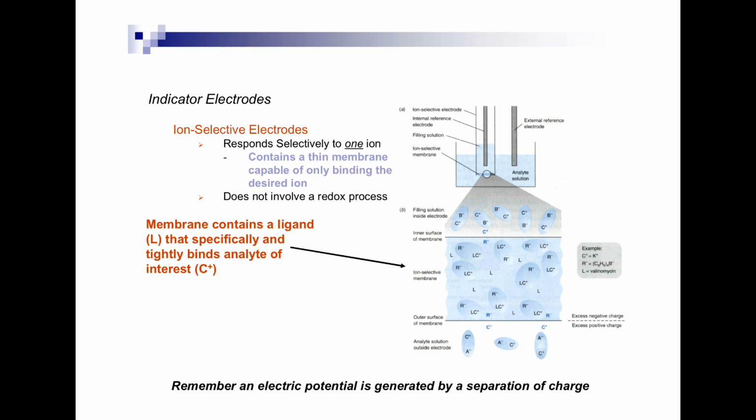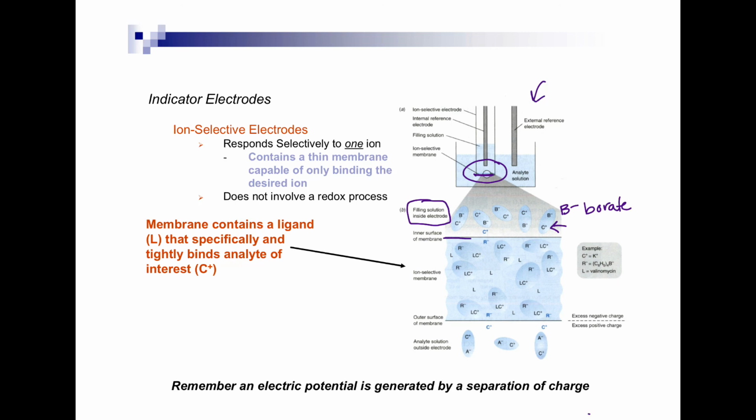Okay, I kind of want to look at this schematic that we have here. What we're doing is we are looking at the surface of the ion selective electrode where there is an ion selective membrane. So that's the part that's right on the surface. The inside of the indicator electrode has some of the analyte that we're looking for, and it is attached to these B minuses, which are borate ions, and basically that's just to keep the analyte in there.